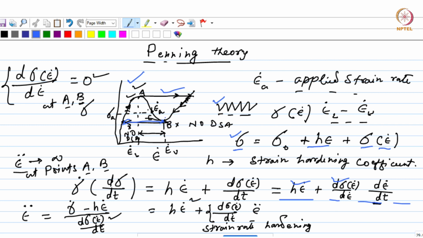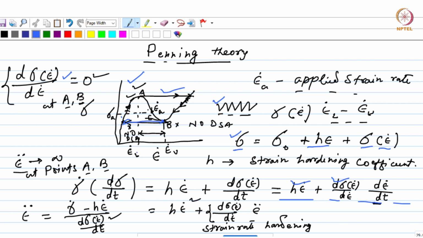Okay, so that means we can say that at points A and B, the slope of this particular curve, that is d sigma by d epsilon dot, will be 0.